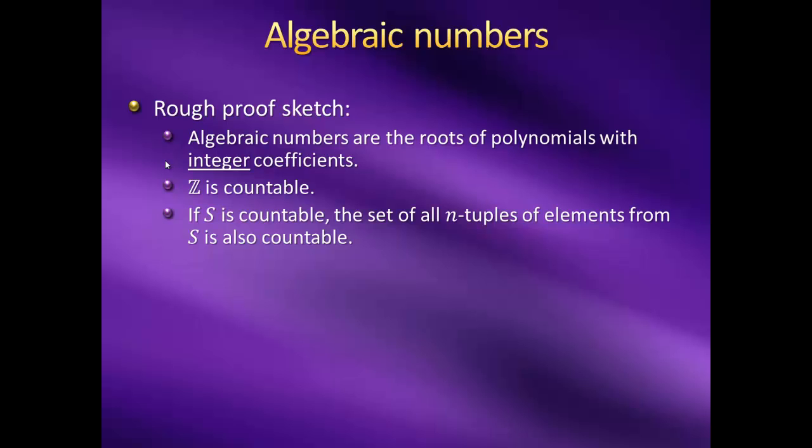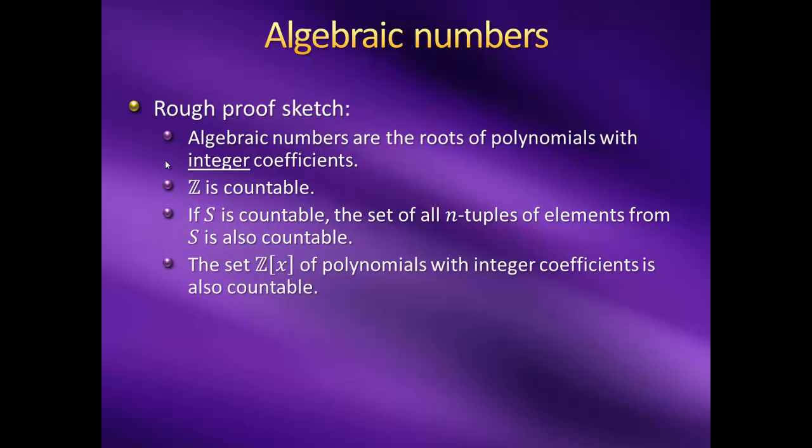And when you think about it, it's easy enough to turn an nth degree polynomial into an n-tuple. Simply pluck off the coefficients and throw them into the tuple. And you can go the other way as well. So the set of polynomials with integer coefficients is also countable. Finally, an nth degree polynomial can have at most n distinct roots.